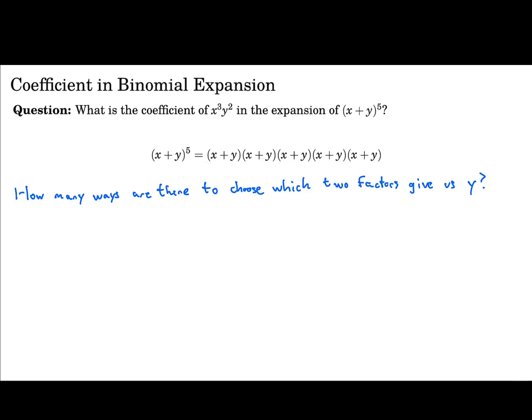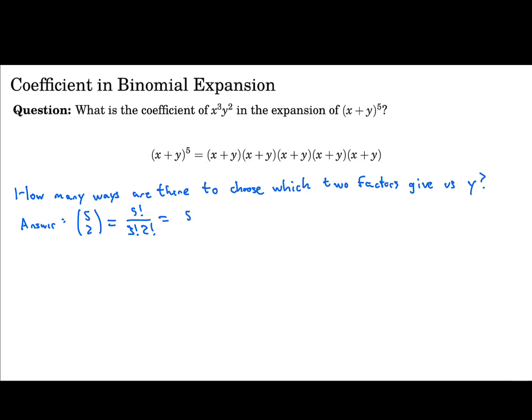Well, the answer is 5 choose 2. And we saw this is 5 factorial over 3 factorial times 2 factorial.